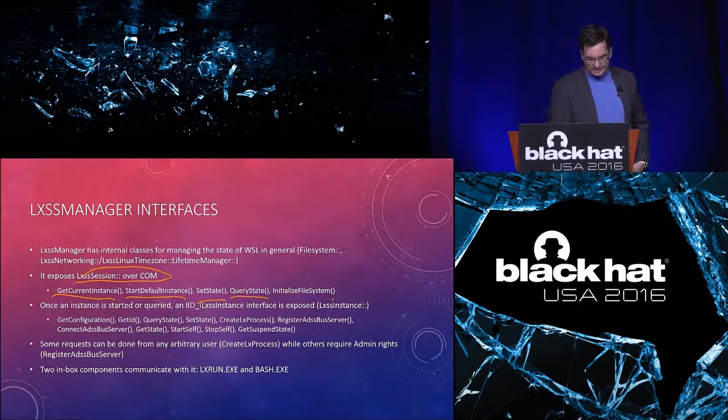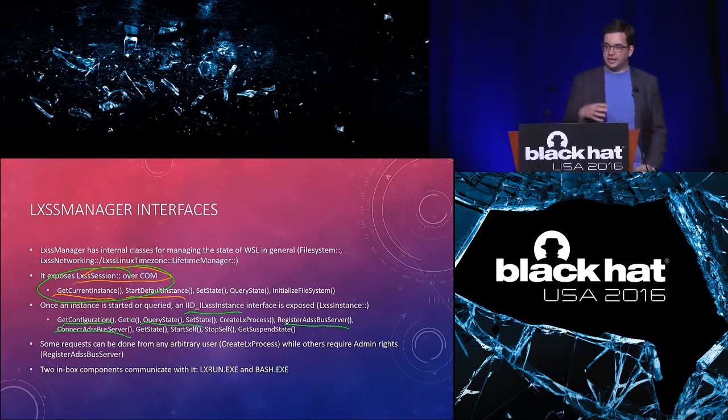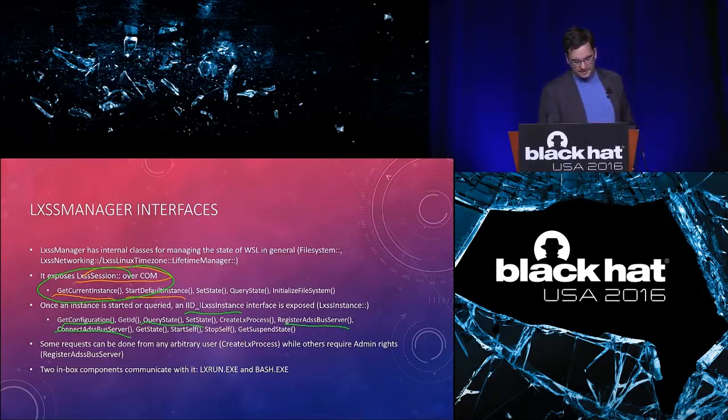Once you either get an instance or start an instance, you then get an ILXSS instance COM object, which you can then use to configure the instance, query and send information on the instance, register a server that is going to use the IPC mechanism we're going to see, or connect to a server, so the Linux side can actually have a server of its own that you connect to, and most importantly perhaps the ability to create a Linux process inside of this instance.